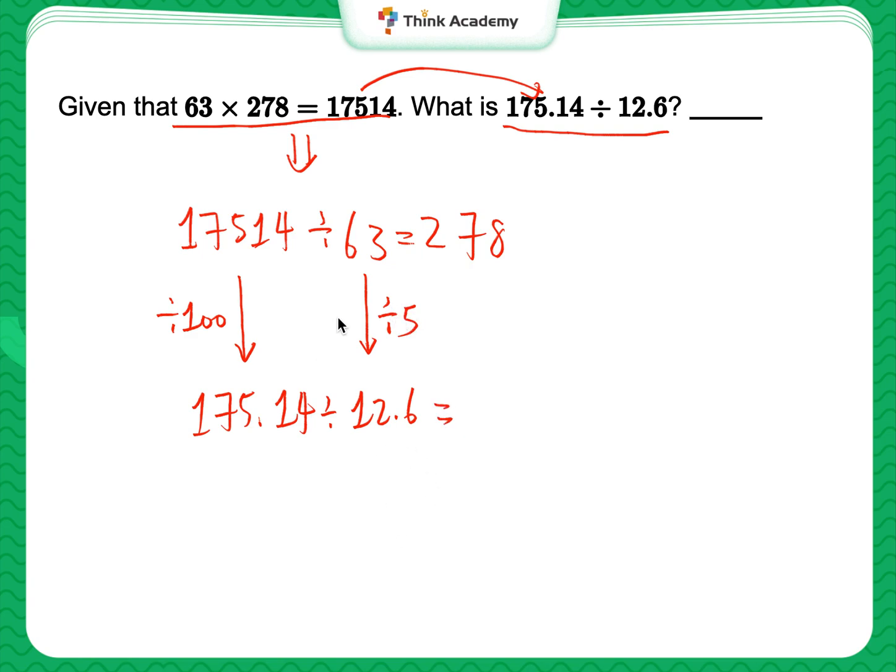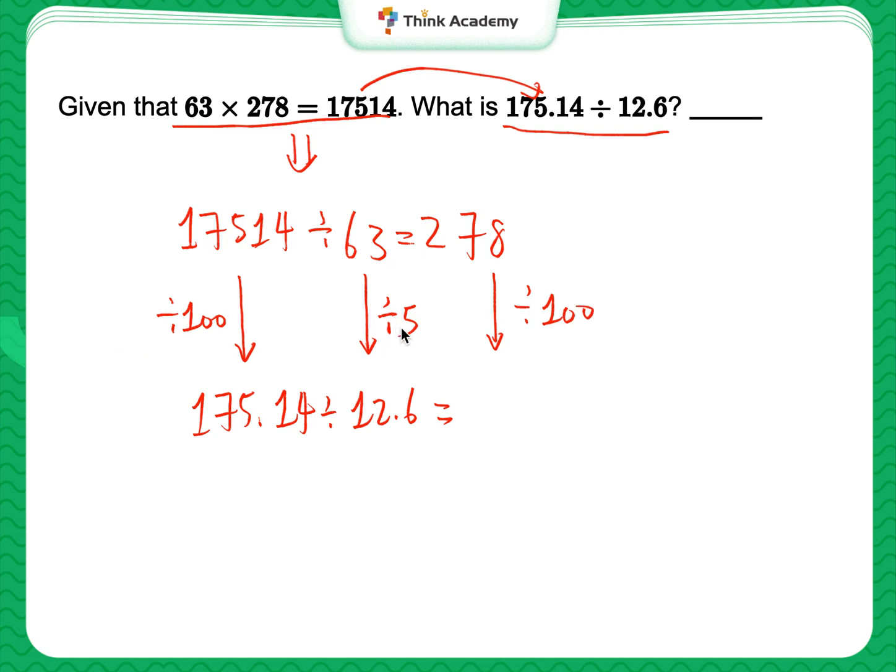So the last step is we know that the quotient is going to be directly proportional, or basically doing the same operation as the dividend, or the first number in a division. So that's going to be dividing by 100.